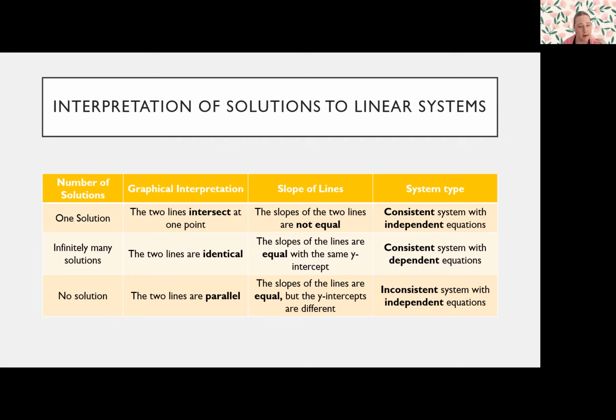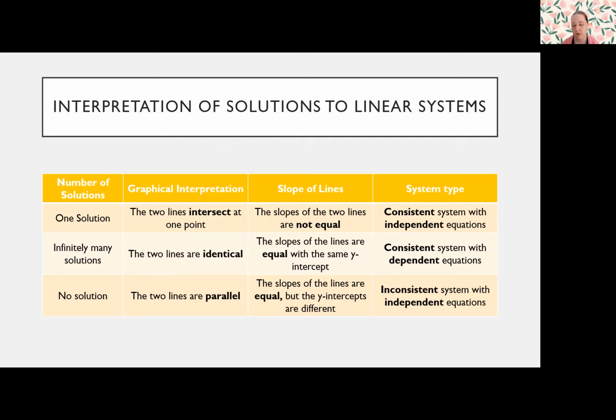So if you have more than one solution, then the next option is to have infinitely many solutions. And this happens if they are 2 identical lines. So if you graphed one of them and then your second line is right on top of it. So they actually create the same line and they're just basically on top of each other. So that means they're intersecting everywhere, which is why there's infinite solutions.